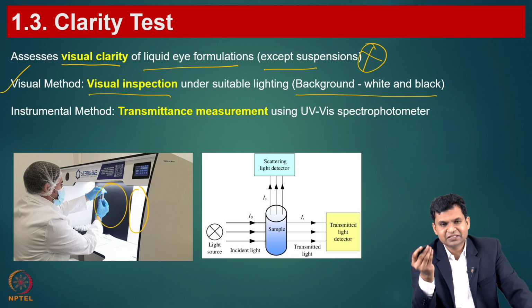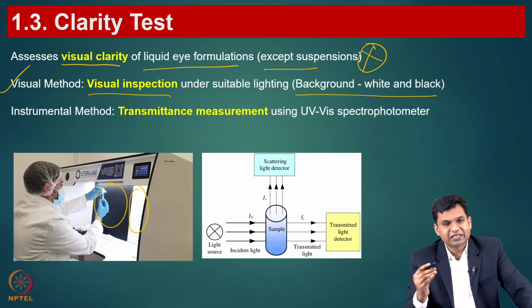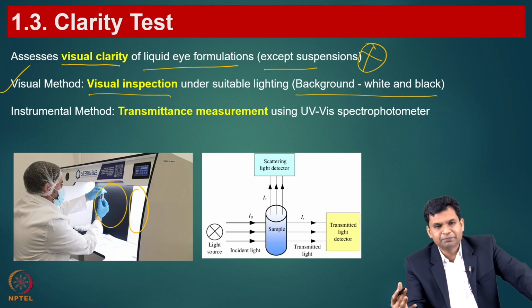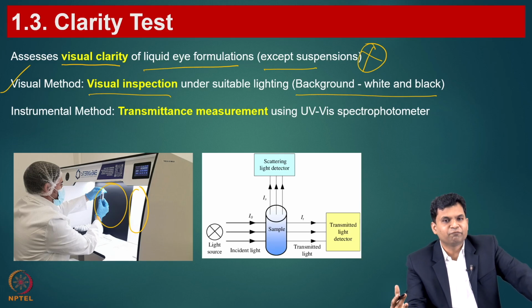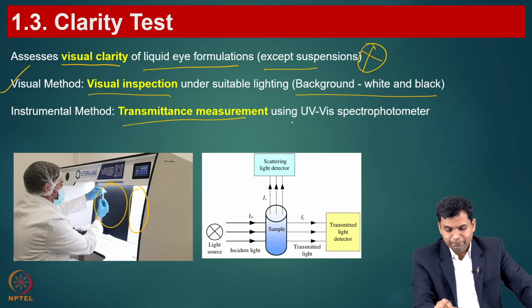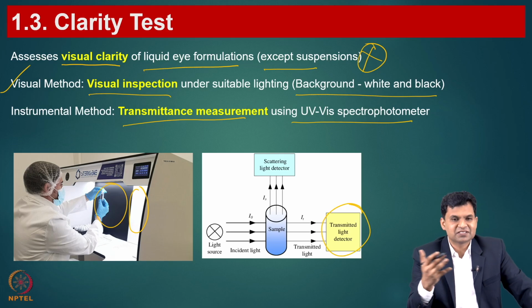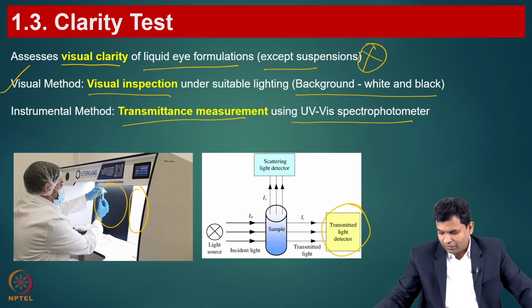With that we can see the presence of visible particles, and there are instruments we will see in the upcoming slides which can quantify the particles in the formulation. Also, by measuring the transmittance using a UV spectrometer, we can understand the presence of particles or turbidity in the formulation.